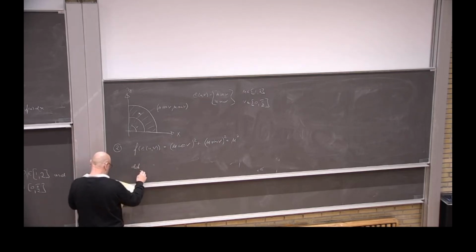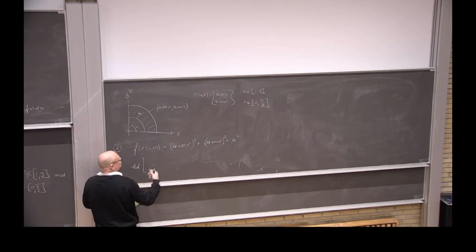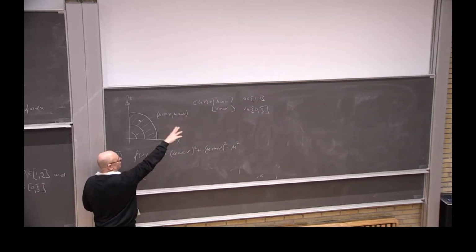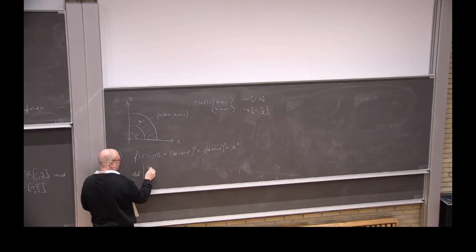Then you need to find the Jacobi function. So you differentiate your parametric representation with respect to u. You get cosine v, sine v. And then you differentiate this with respect to v.